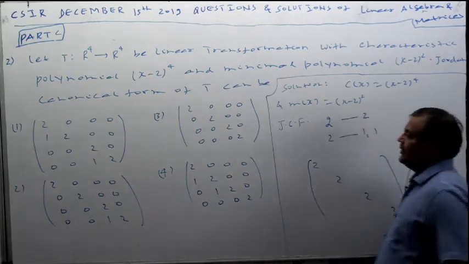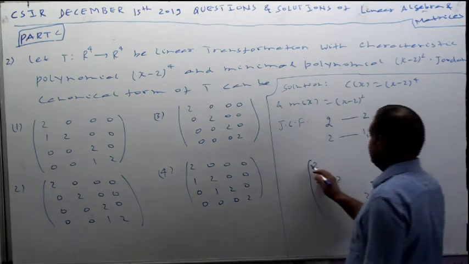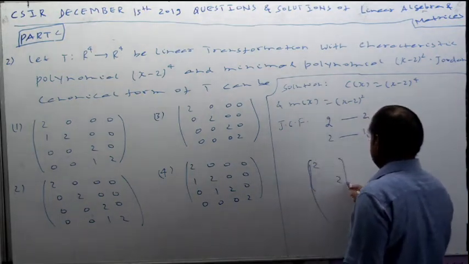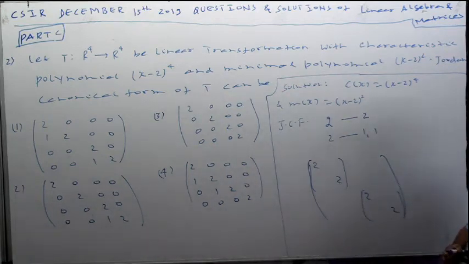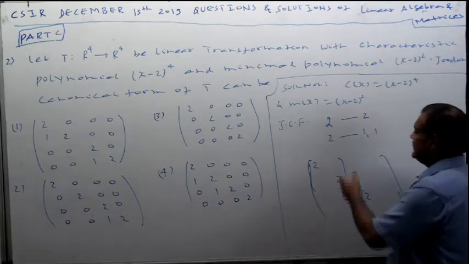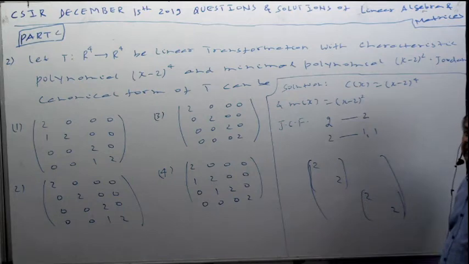Now if we take two blocks of size 2, one diagonal block will be this, another diagonal block will be this. And along either the super diagonal line or the sub diagonal line you put 1.